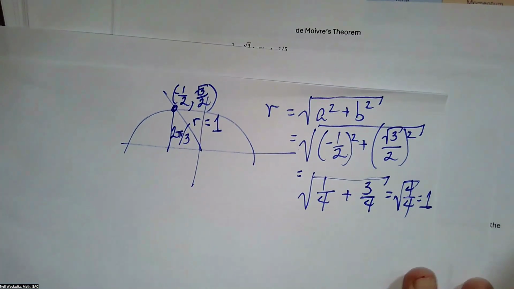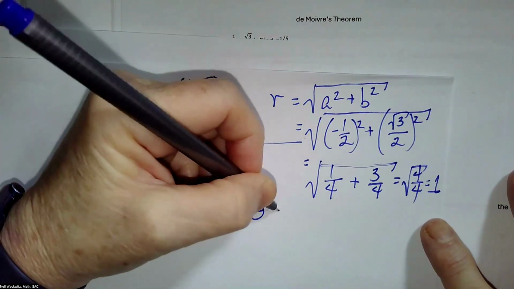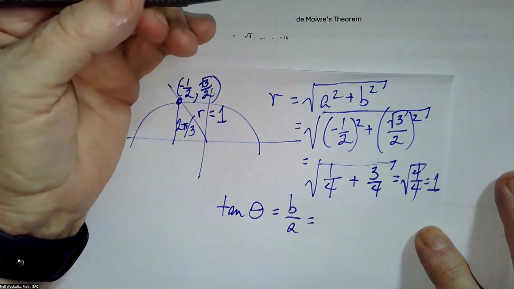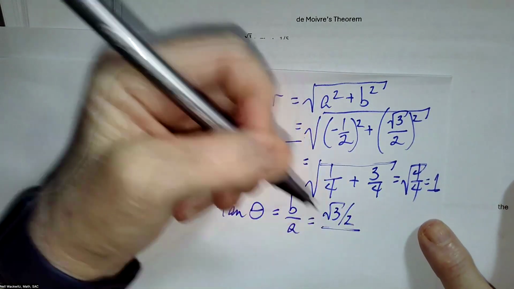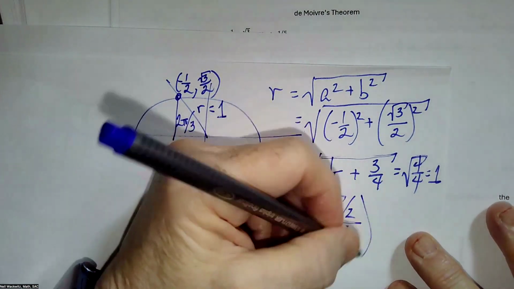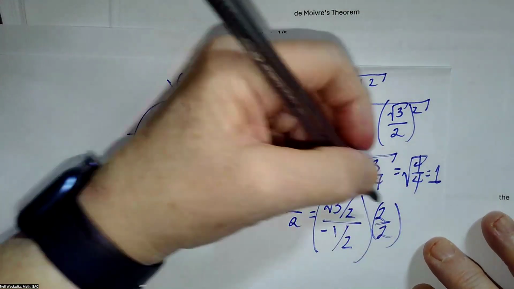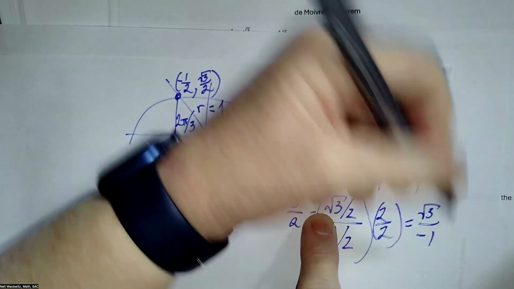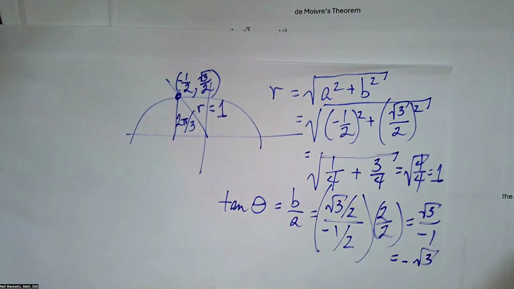Okay, great. That's what we expected. We also know that the tangent of theta will be b over a. So it will be square root of 3 over 2 divided by negative 1/2. We can multiply by 2 over 2, and we get square root of 3 over negative 1, which is just negative square root of 3.